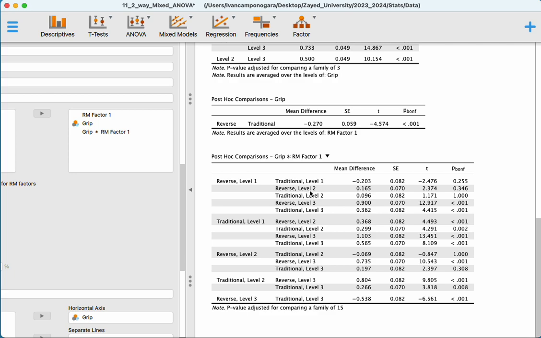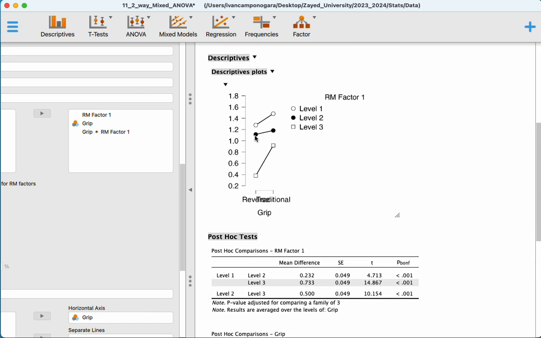Now, let's see the comparison of the reverse at level 2 compared to the traditional at level 2, which is this comparison here. And are these data here, this point and this point.